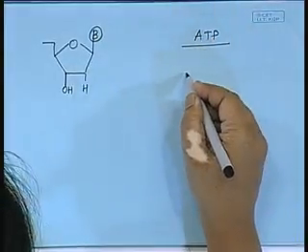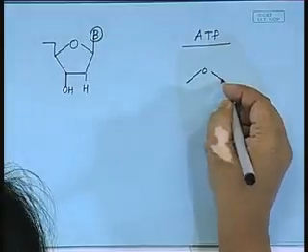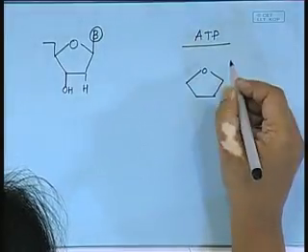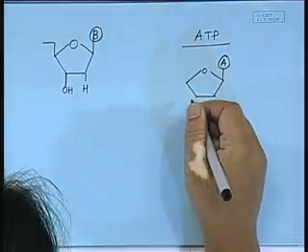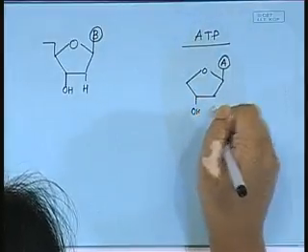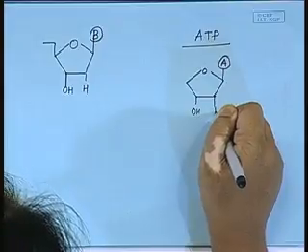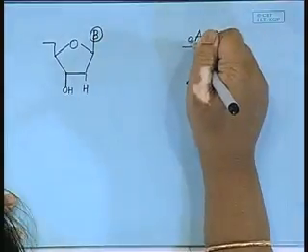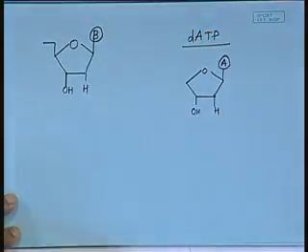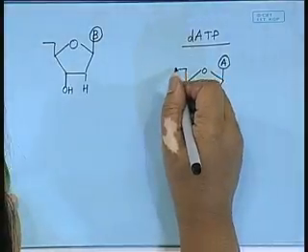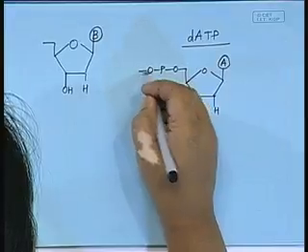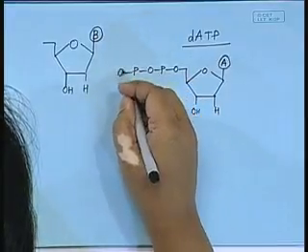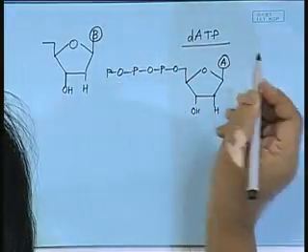ATP means I have O here. What do I have here? I have A basically here, OH here. This is then what? dATP, right? Then I have O, P, O, P. So, what do I have?